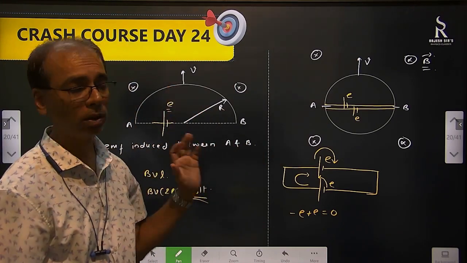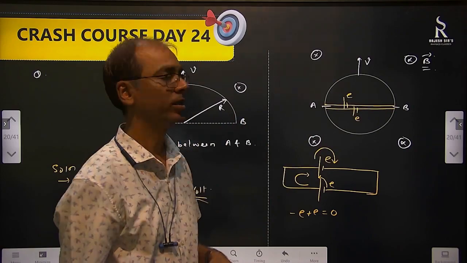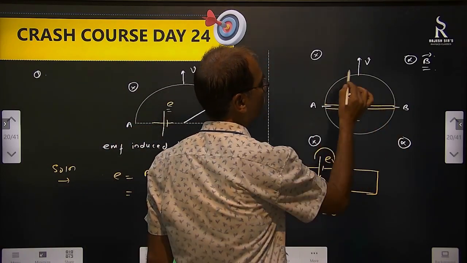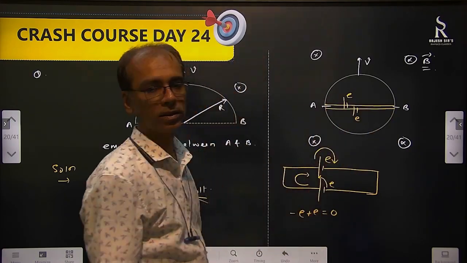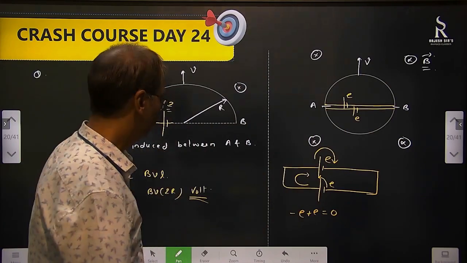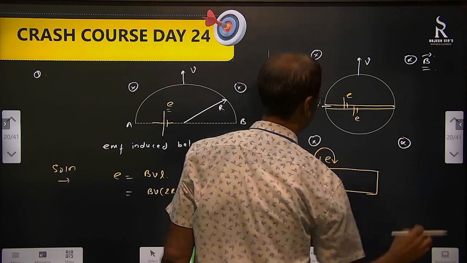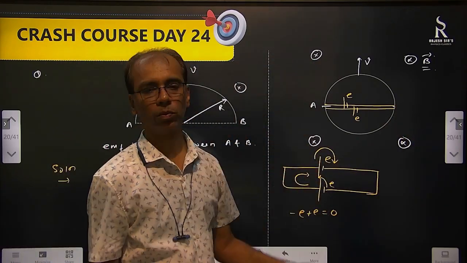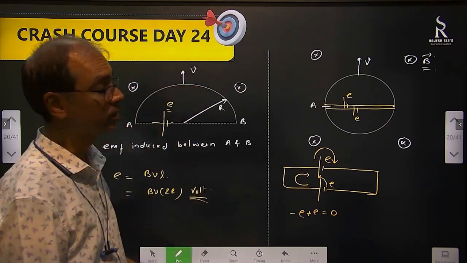Or in another way, I could have said that the displacement is 0. From A, you are coming back to A. In fact, B I should not write here, and there is no B. What is the net EMF in this one? 0, because the displacement is 0.